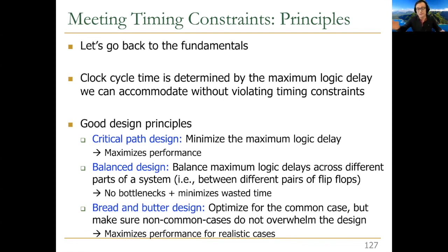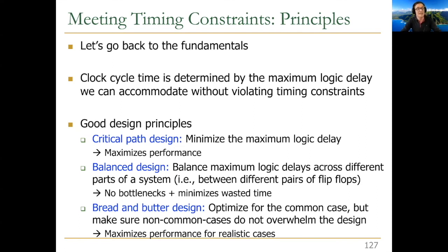If you know that some input combination never happens for whatever reason, then you can guarantee that this input combination never happens, and you can eliminate that from the consideration of the timing and optimize your circuit with that in mind. This may maximize your performance for the realistic cases, right? This is really the common case design, and you may handle the non-common case in some other way. This will become more clear when we talk about microarchitecture 2 weeks from now as well.